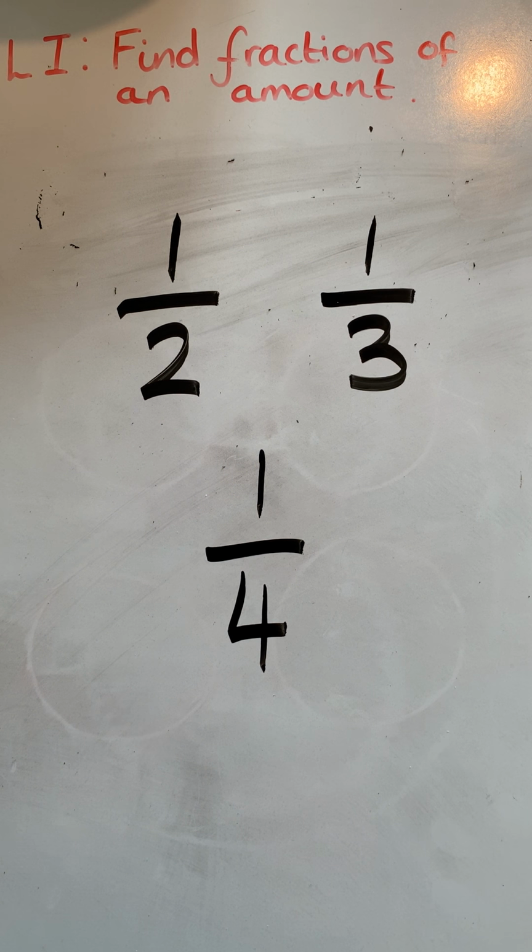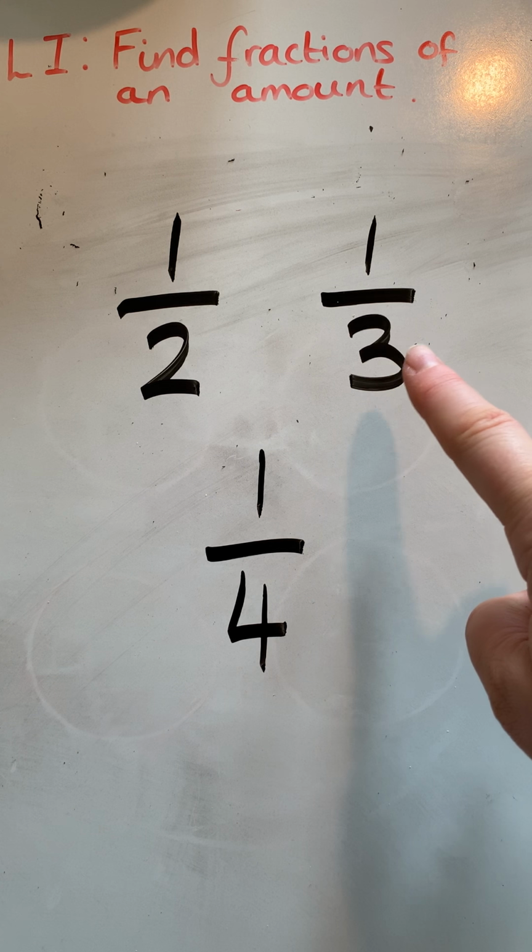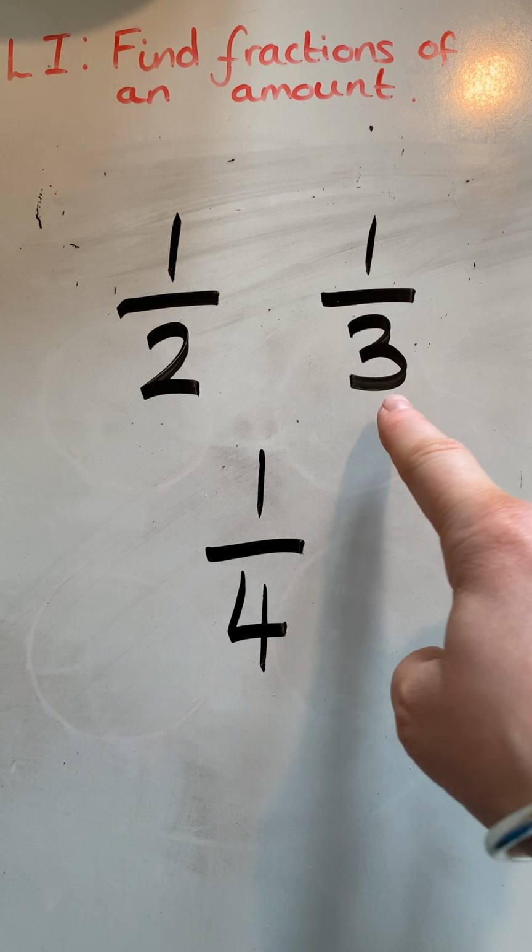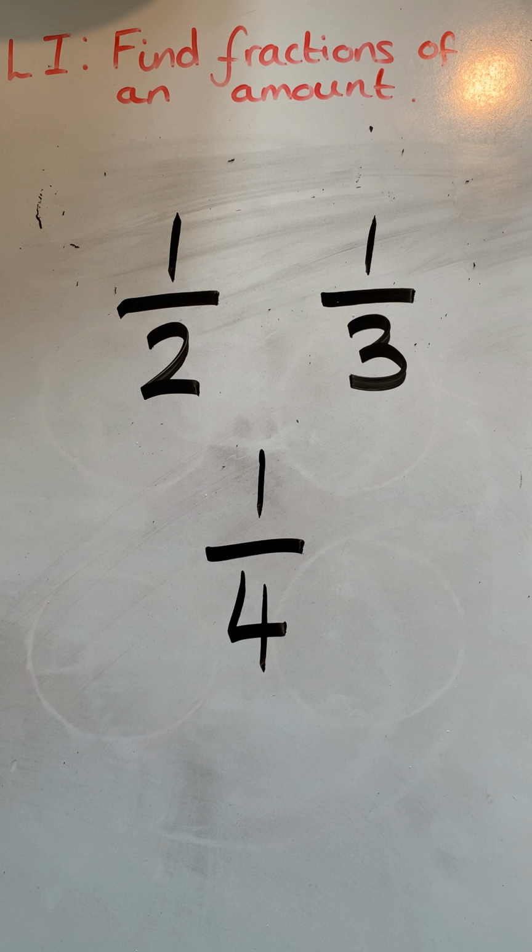So use your 4 times tables to help you to come up with a number for finding quarters, and use your 3 times tables to help you to come up with a number to find your thirds. Okay, so good luck.